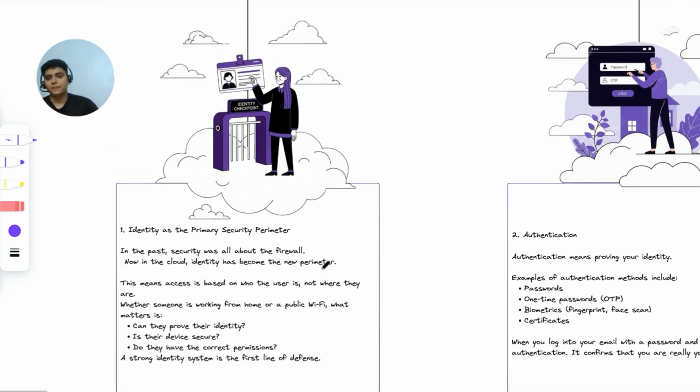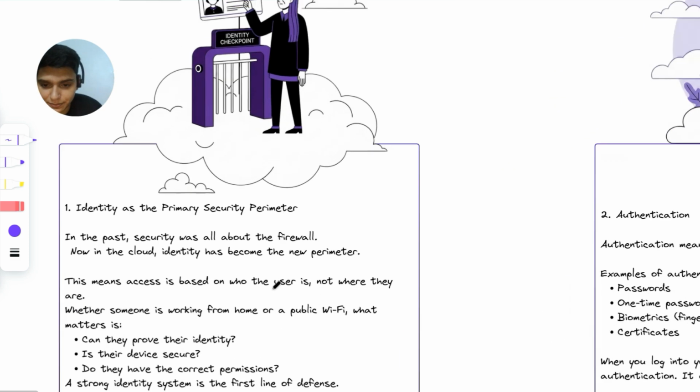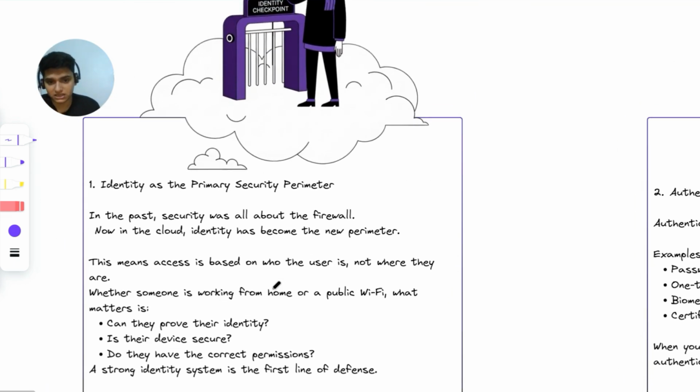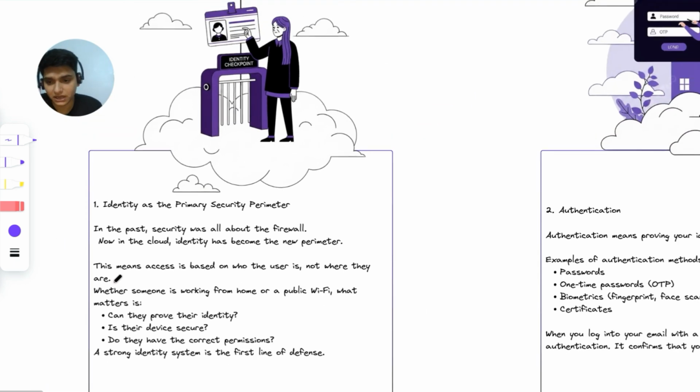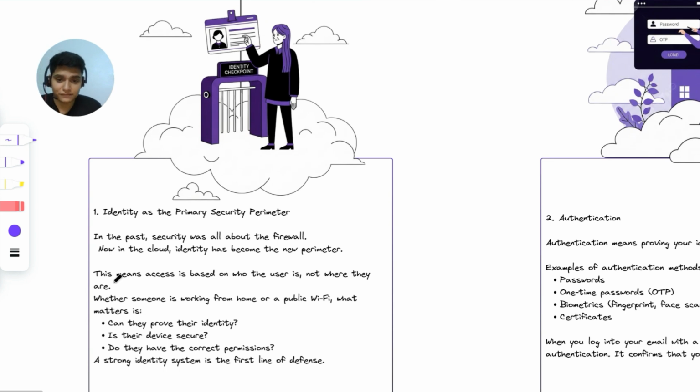What does this mean? This means access is based on who the user is, not where they are. It doesn't matter if the user is inside your office or just next to the CEO, you should always verify who the user is.